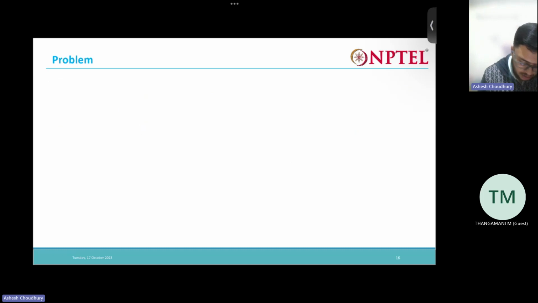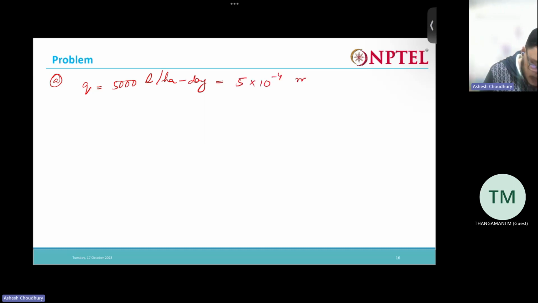So how much is the flow? Q is 5,000 liter per hectare, so this will be approximately 5 into 10 to the power minus 4 meter cube per meter square.